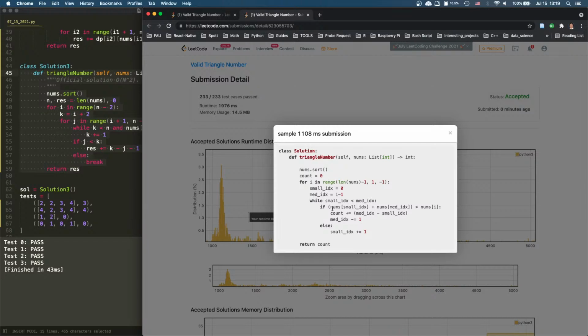Well, if they're larger than me, that means they are good. So we can decrease the medium index, right? Decreasing the medium. I like how it's called medium index. We can count everything, and otherwise we can increase the small index.